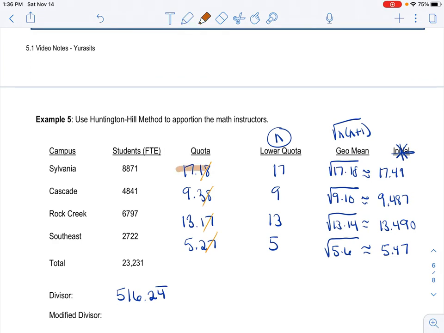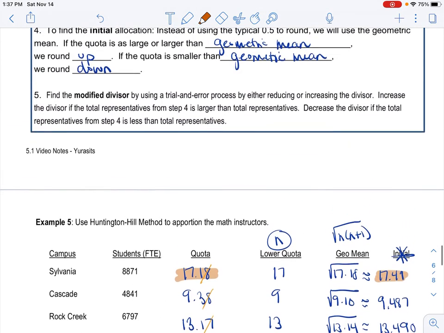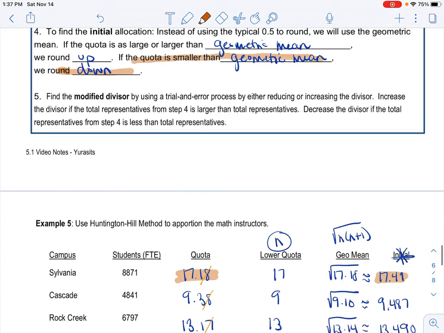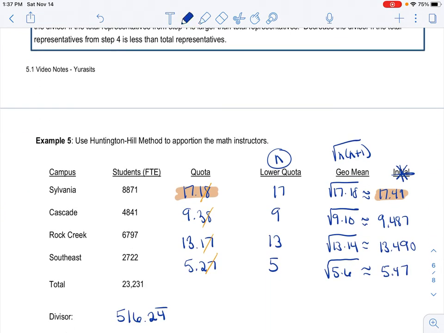I'm going to go ahead and compare. So it looks like we always compare. So if the quota is smaller, so it looks like it would be this one, right? Because it's smaller than the geometric mean, we round down. So that's telling me this guy would round to 17.